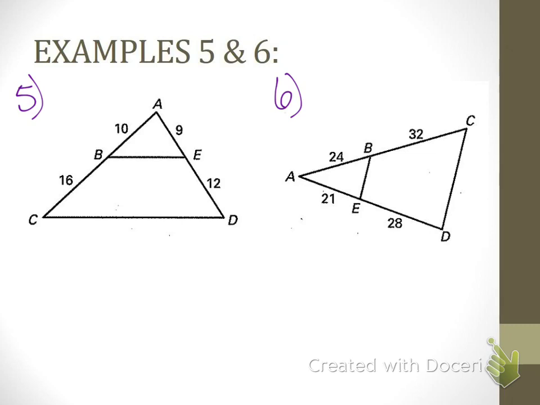So this will kind of be similar to when we were deciding if sides were proportional to decide if they're similar triangles. Same kind of idea. We're going to make ratios and see if they reduce to be equal. If our ratios end up being equal, then those sides are parallel. If not, they're not parallel.